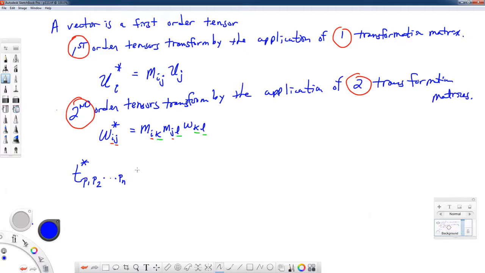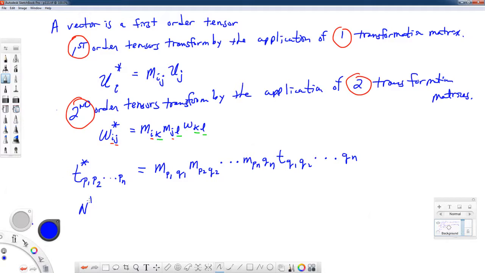So these new components in the new coordinate system, that with the star, would be equal to transformation matrix M. I'm going to call this P1, Q1, another one, P2, Q2, and so forth and so on, all the way out to M, Pn, Qn, times the original components without the star, Q1, Q2, all the way out to Qn.